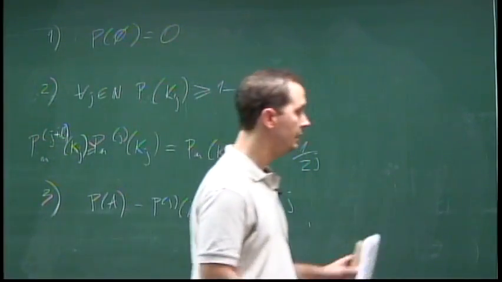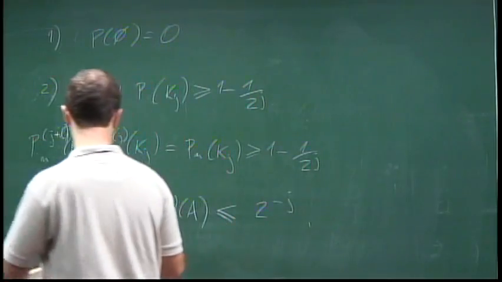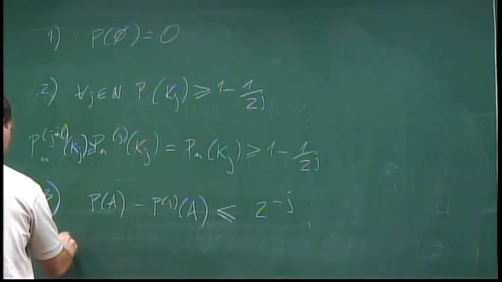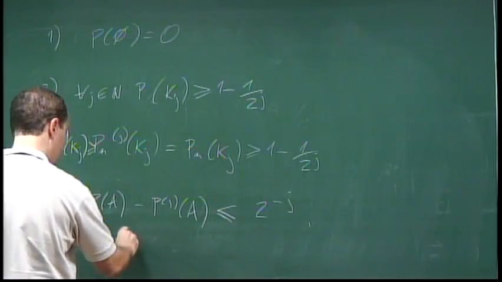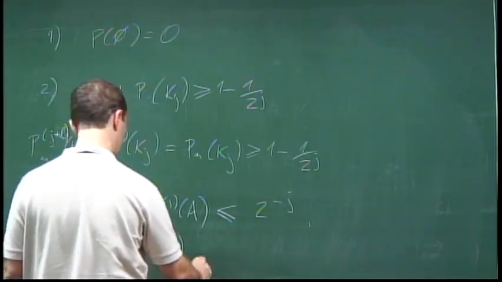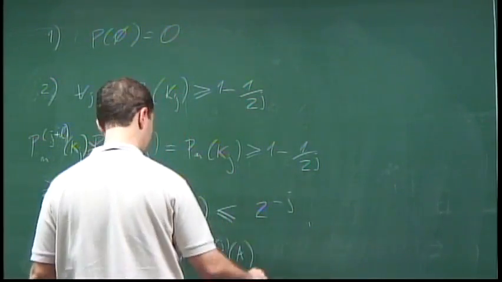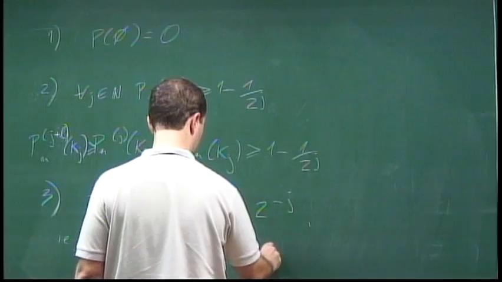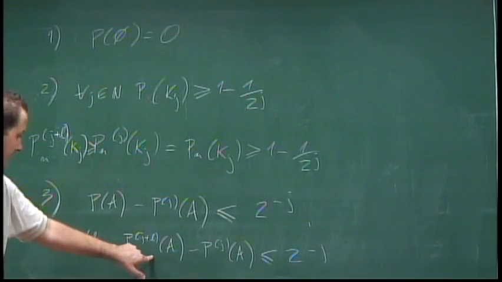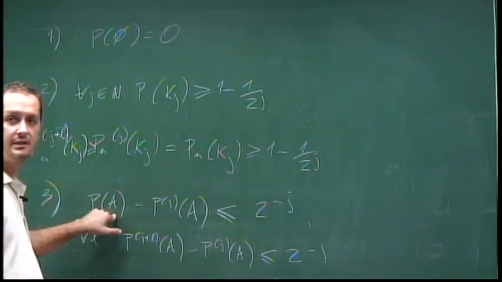Well, this is equivalent to saying that for all L, P sub j plus L of A minus Pj of A is less than or equal to 2 to the minus j, because the limit of this when L goes to infinity is P of A.